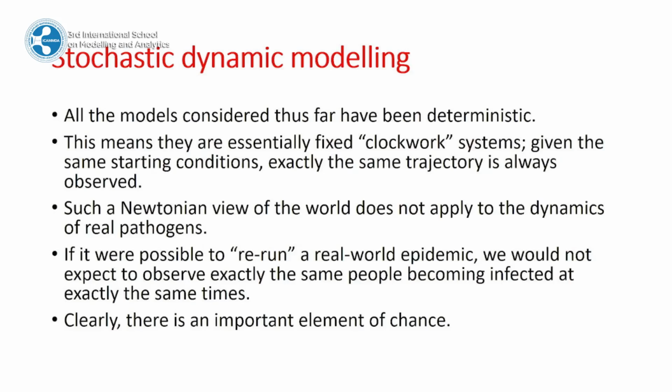A lot of uncertainty comes out, so they look to be unpredictable. Given the same starting condition, exactly the same trajectory is always observed in a deterministic model. Such a Newtonian view of the world does not apply to the dynamics of these populations.